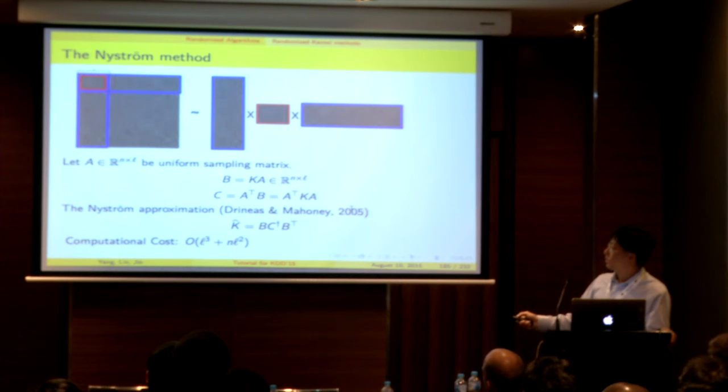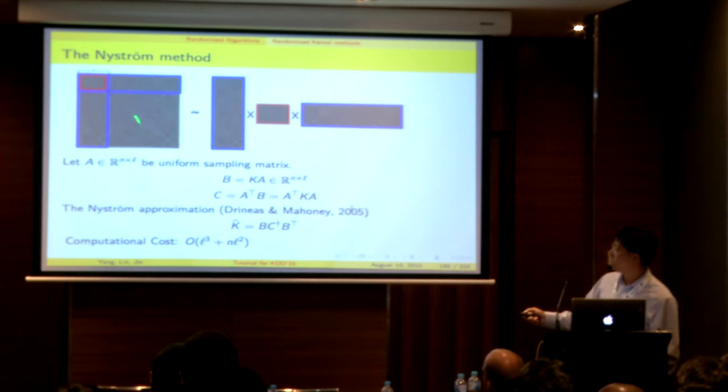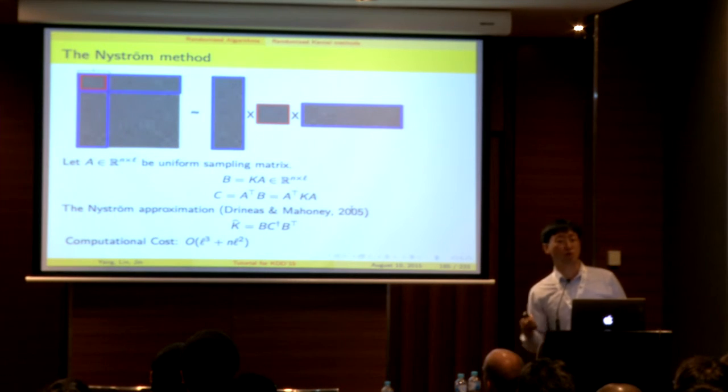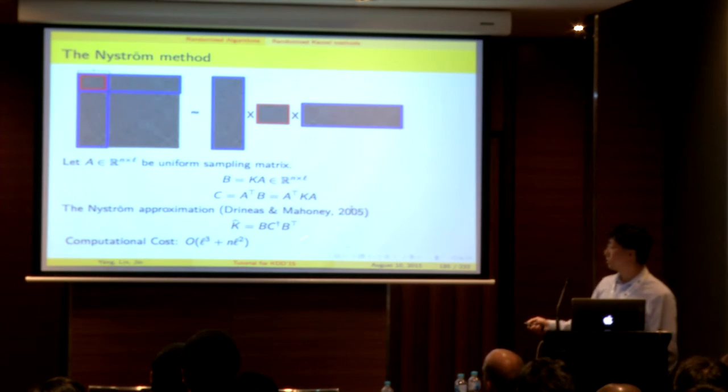This is the B matrix, and then we can also apply A transpose to the B matrix, which is this part here. This is a small matrix, the C matrix, of size m by m. If we compute the B matrix, this part comes along too. Then we can compute an approximation of the original kernel matrix using these products.